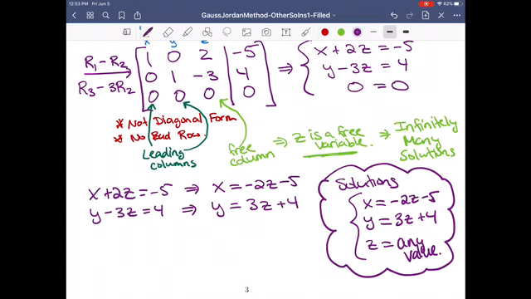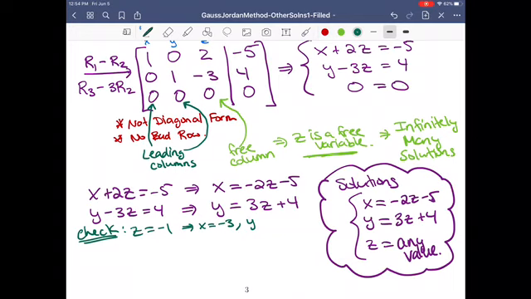So let's just check here. I'm going to pick a z. Let's say I pick z equals, I don't really know, I want something that's not too hard. Let's say negative 1. So that means that x has to be 2 minus 5, so negative 3.